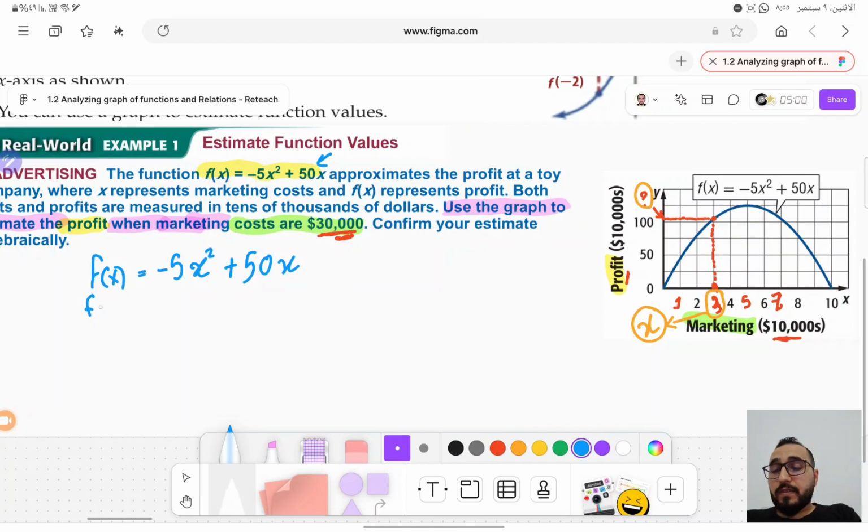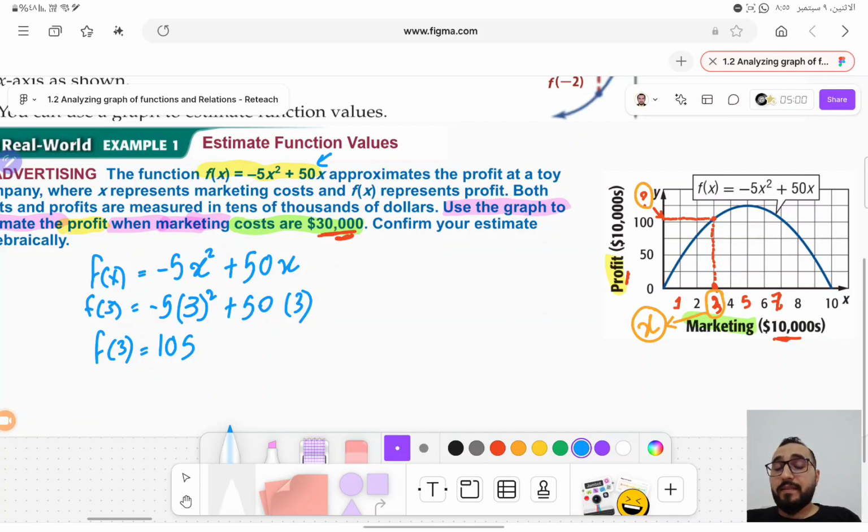So now f of x equals, f of 3 equals -5 times 3 square plus 50 times 3. If you calculate this one, you will get f of 3, which is equal to 105.